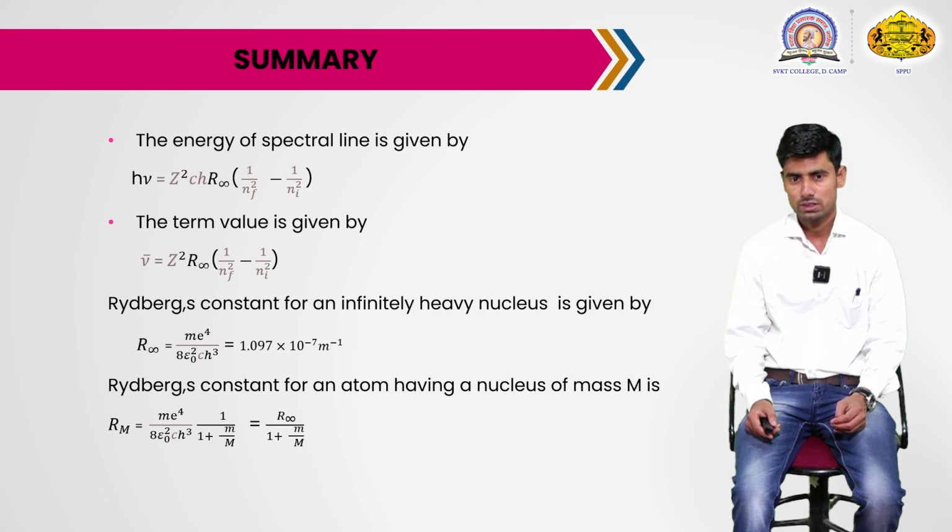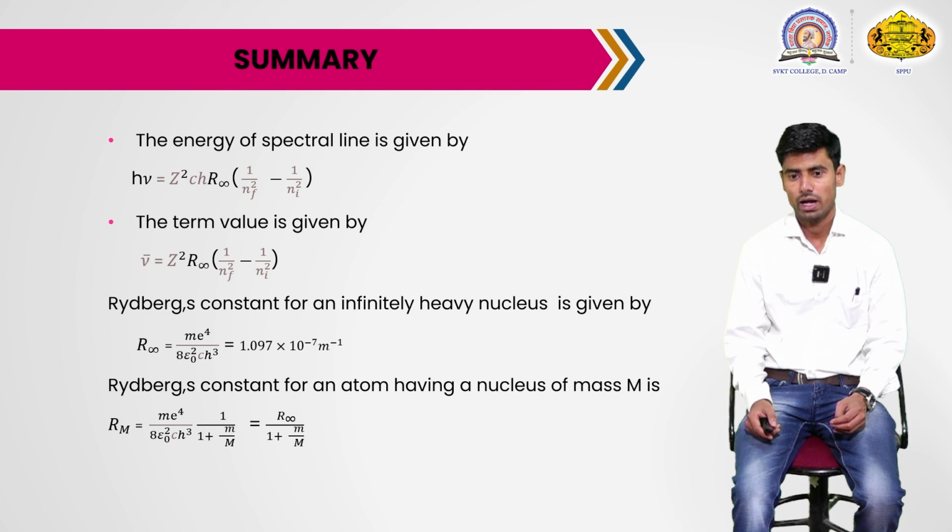We have also seen the Rydberg constant for an infinitely heavy nucleus, that is, the assumption that the nucleus has an infinite mass. We get R infinity, the Rydberg constant for an infinite mass nucleus, as m e power 4 divided by 8 epsilon 0 square c h cube, which comes out to be 1.097 into 10 raised to plus 7 per meter.